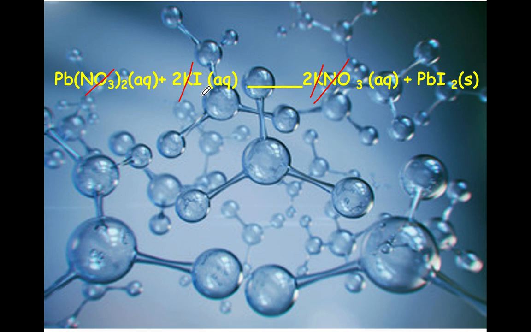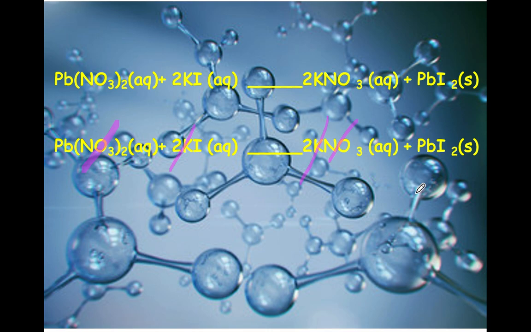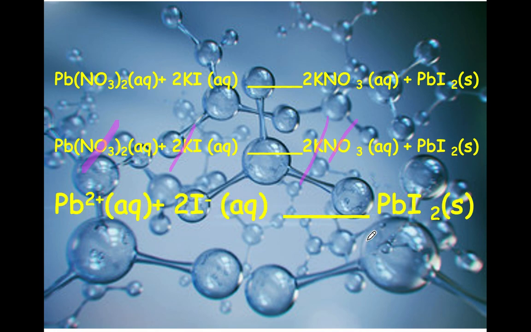What about the iodine radical? Negative in the aqueous state in the reactants, but in the product it will be in the solid state. So we're going to dismiss the similar states in the reactants and the products, and finally we're going to write the ionic equation, which is what is left: the lead carrying 2 positive.